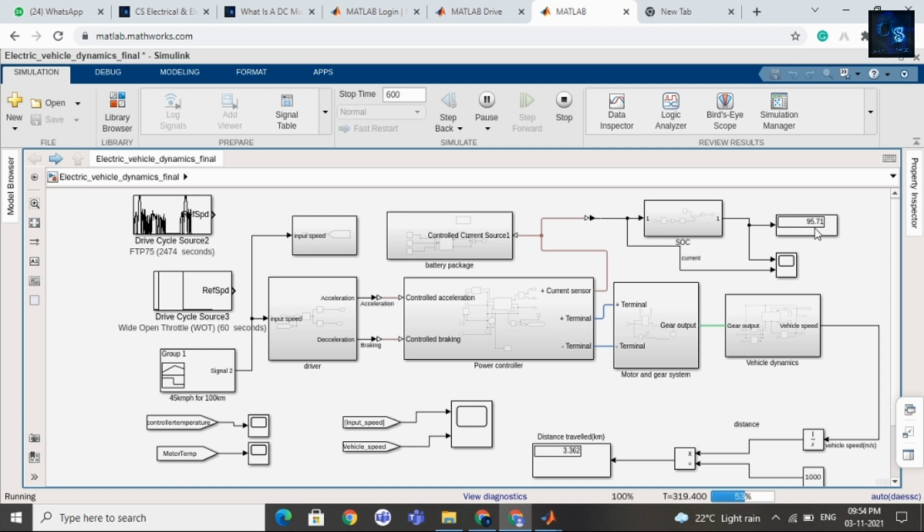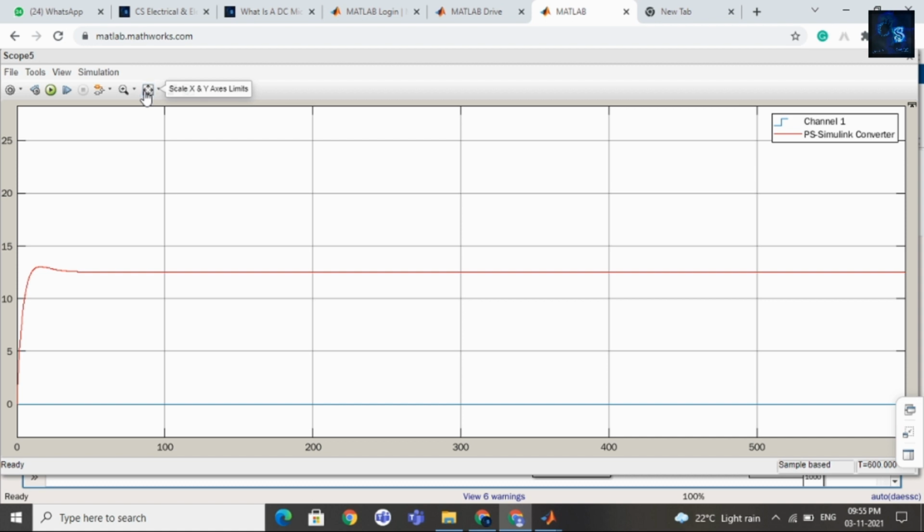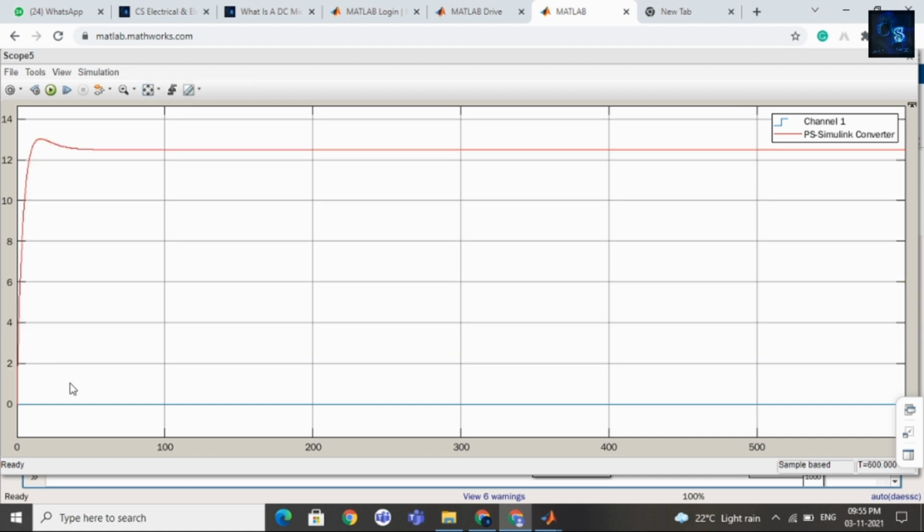Now you can see the SOC is 95 and the distance traveled is 7.42 kilometers, and the SOC is 91.67. Let me share the input speed waveform with you. Here you can see the speed is constant.